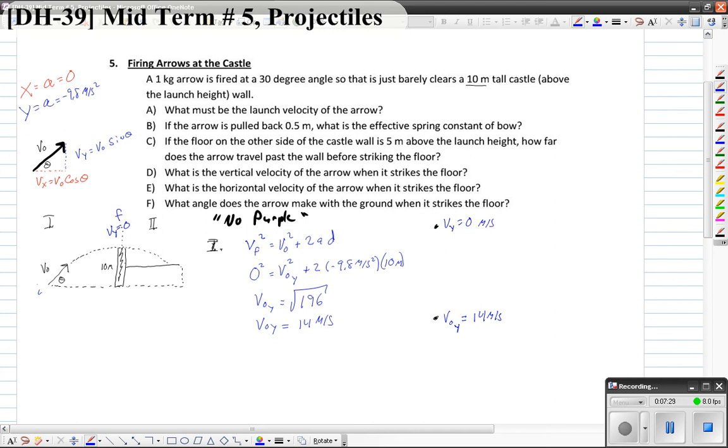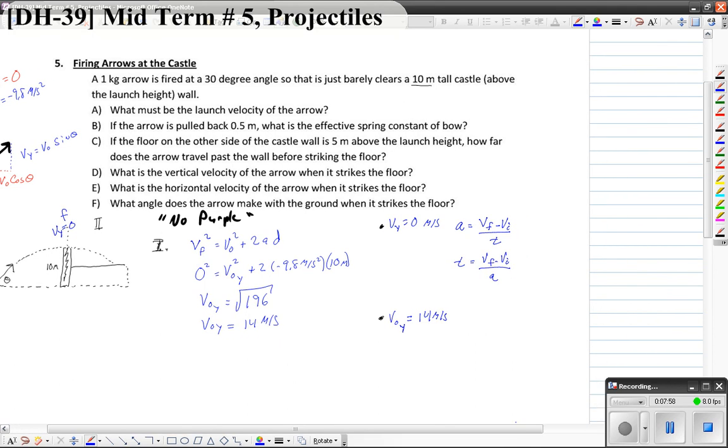So we're completely ignoring the fact that this is moving horizontally at the same time, and we're just focusing on the y direction. So the equation I would use here would be that the acceleration is equal to the change in velocity, or final velocity minus initial velocity, over time. So time equals final minus initial velocity, sorry for jumping back and forth between V naught and Vi, they're the same thing, divided by the a.